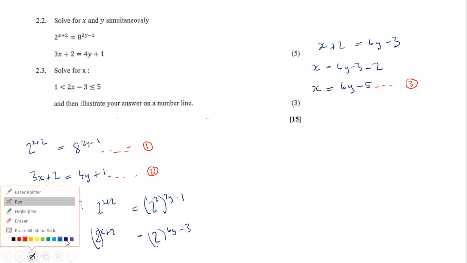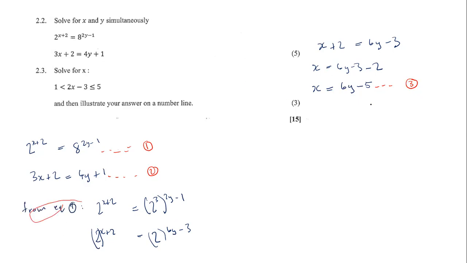Right, I'm not done. This is 5 marks. So this is what I'm going to do. From equation number 3, I'm saying x is equal to 6y minus 5. So I'm going to work now with equation number 2 and equation number 3. I'm going to substitute x.